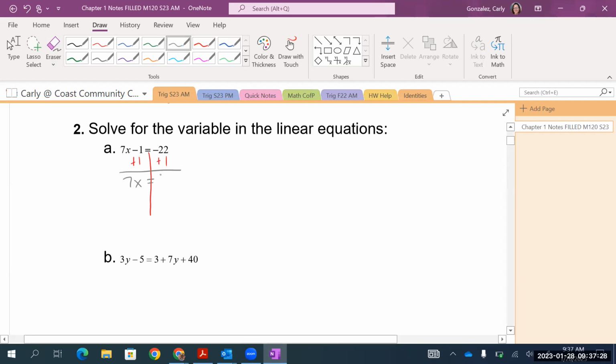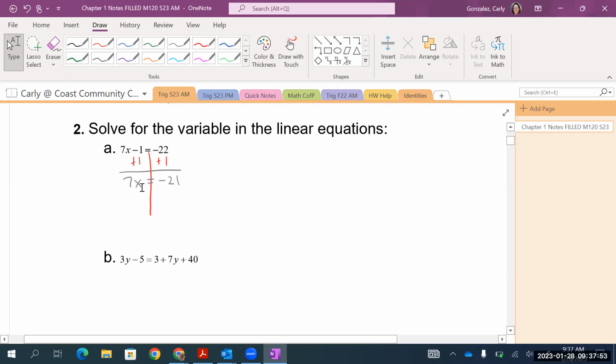7x equals -21. Since we have -22 and a +1, those are canceling out. Now, 7x equals negative 21. We can either do this mentally, or we can ask ourselves, what is the operation between 7 and x?